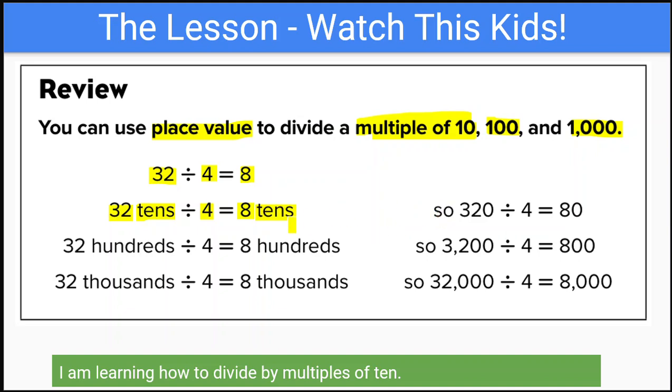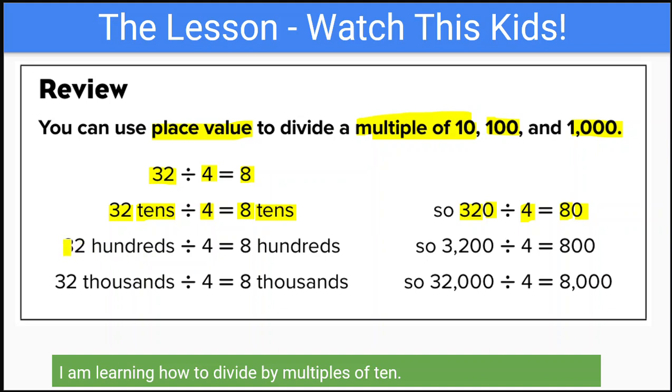If you're looking at it in numbers instead of words, we have 32 right there, and 10 means tens. So 320 is really 32 tens divided by 4 equals 8 tens, or 80, all right? So 32 divided by 4 equals 8. 32 tens or 320 divided by 4 equals 80.